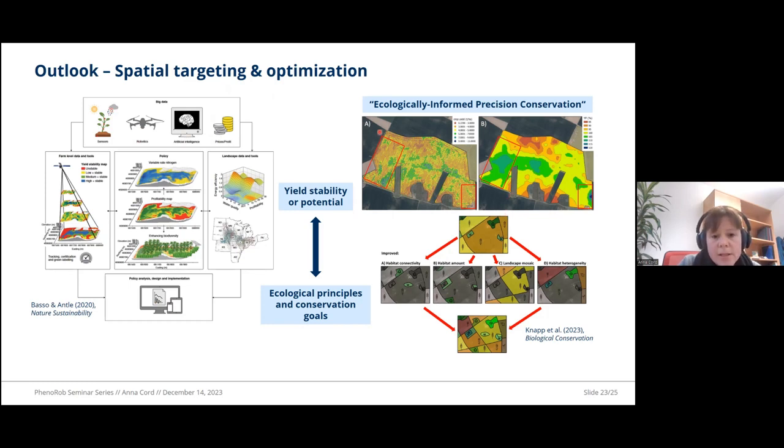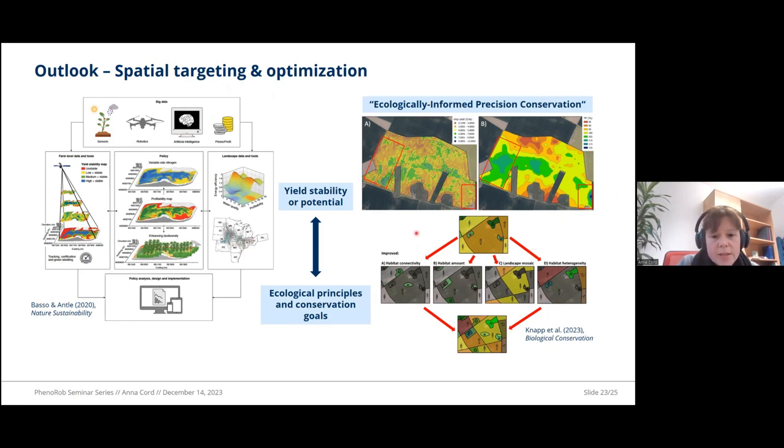You can see it nicely here. So yield within a field within 1 year, or yield within a field across multiple years. And then the idea is to combine this with what we, from an ecological principle and conservation goals, would like to achieve. So connectivity, amount, the diversity or the heterogeneity of landscapes, and how this can actually be brought together.